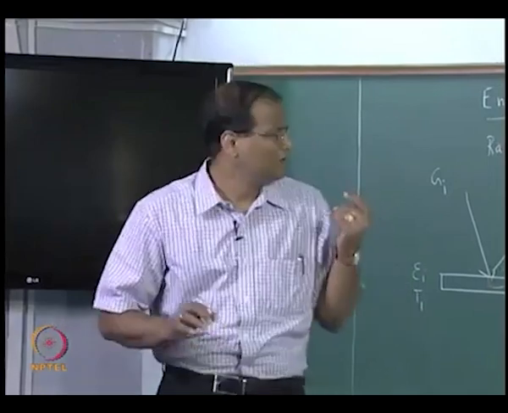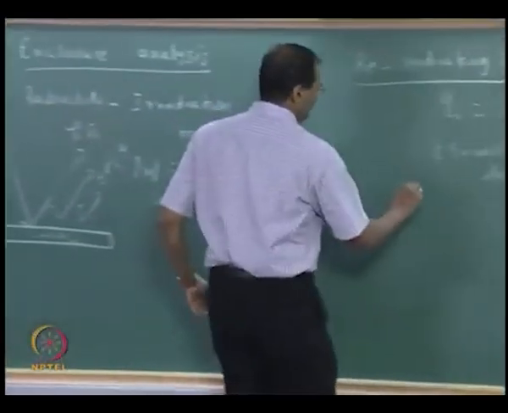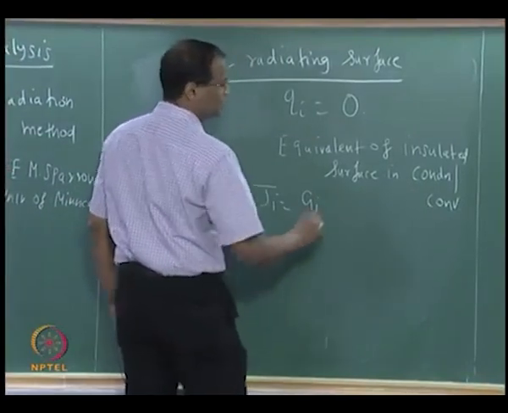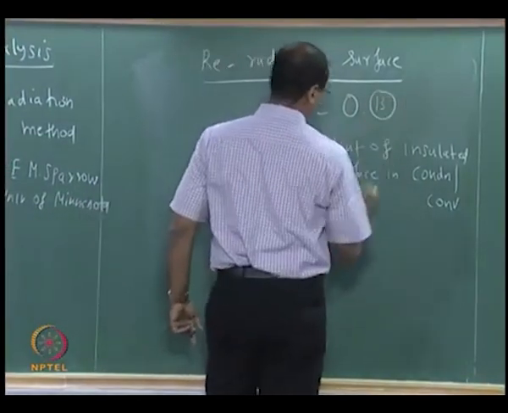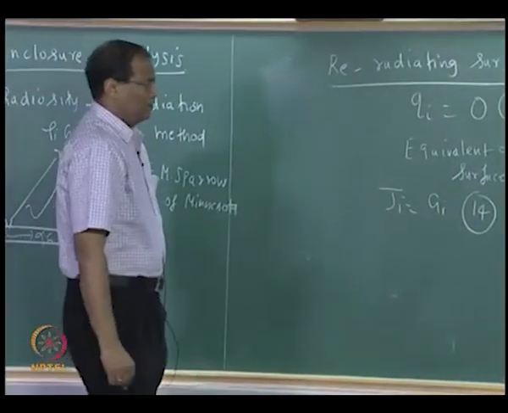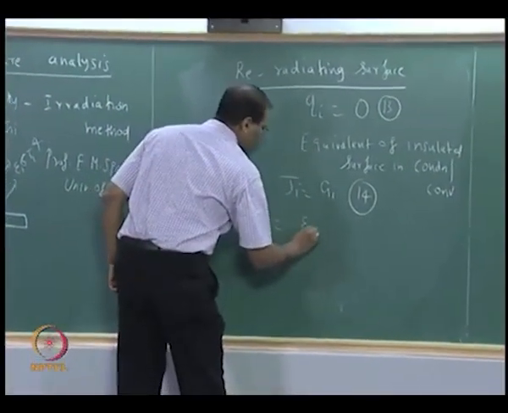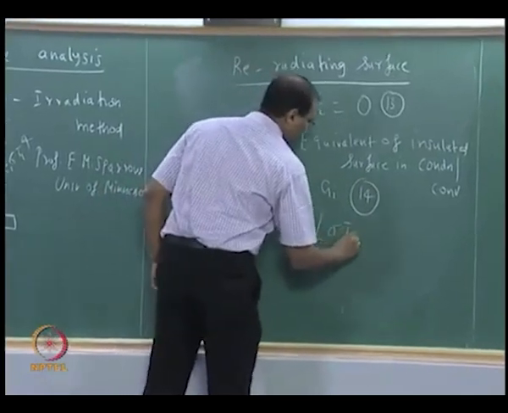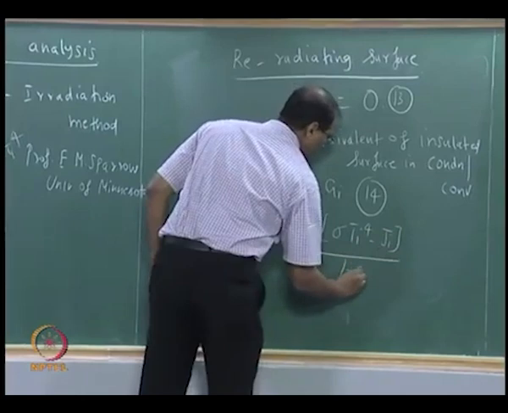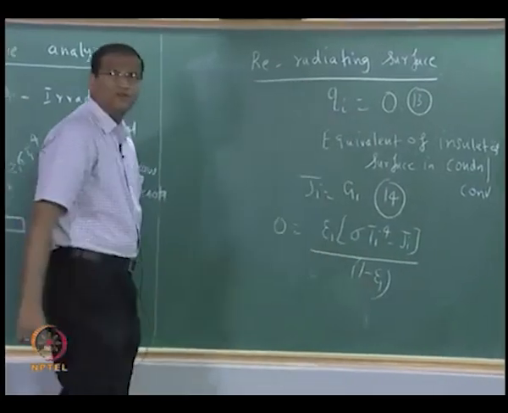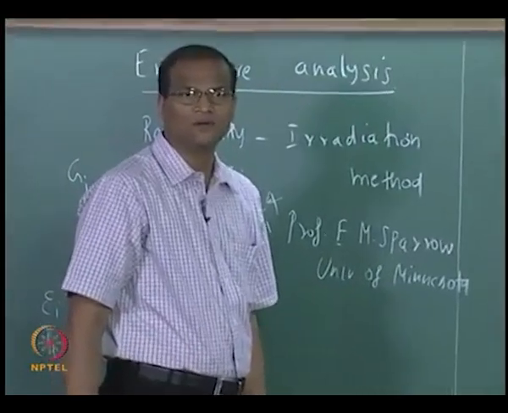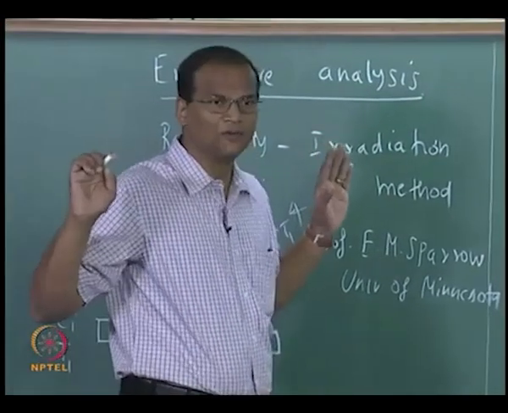So Ji minus Gi equal to 0, therefore for a re-radiating surface, Ji equal to sigma T to the power of 4.